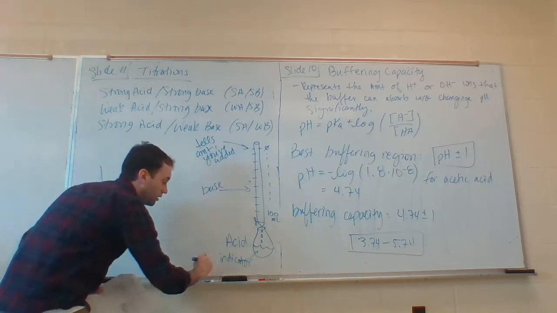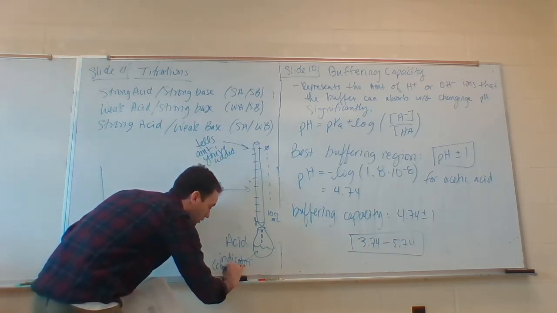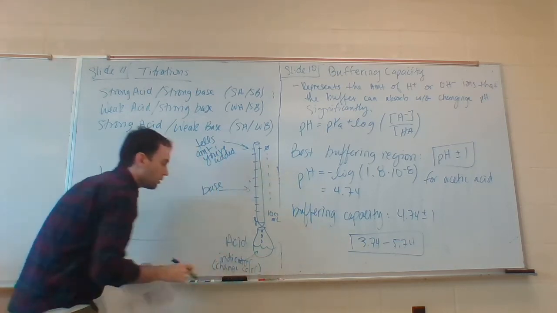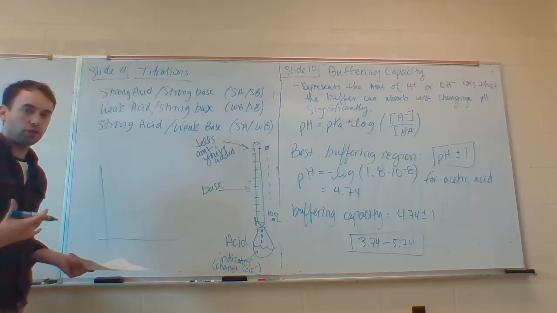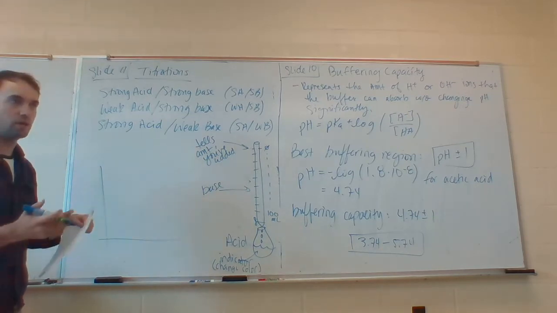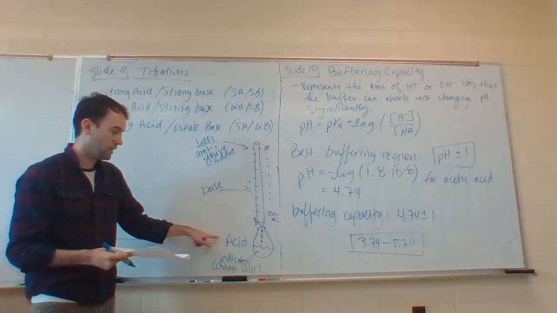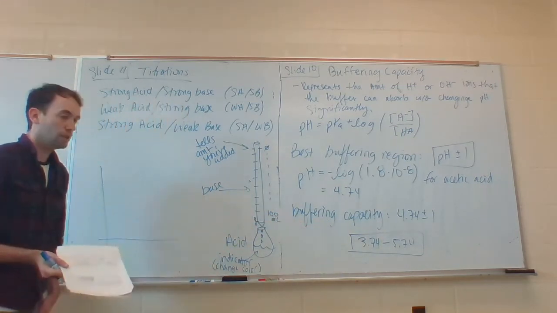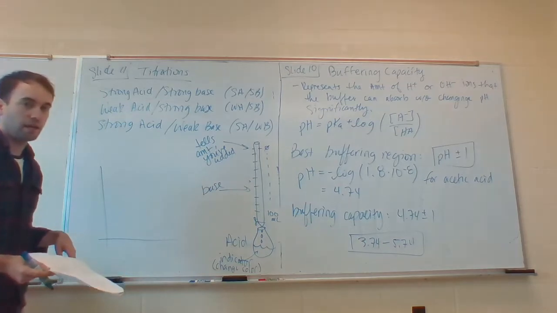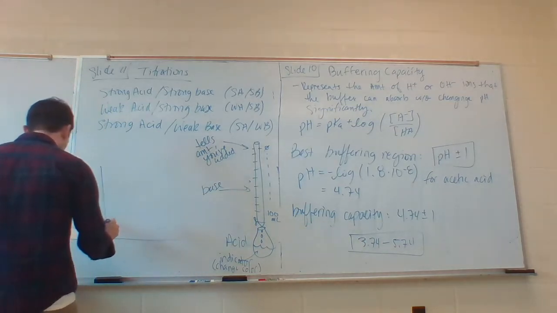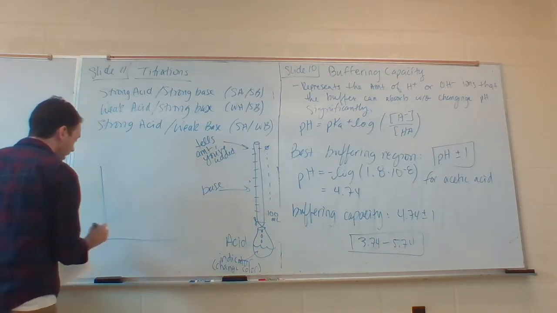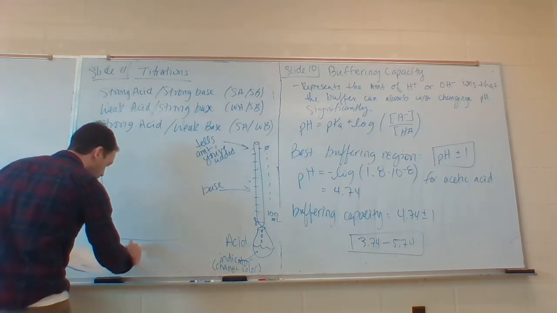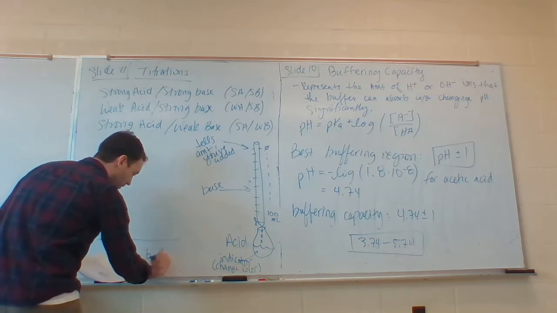And that indicator is going to change color when the pH changes from basic to acidic, or from acidic to basic in this case, right? It starts out acidic, so there should be a color change as we go to basic if we've added our indicator. All right? Now, since we're starting out acidic, let's plot our pH versus the volume of base added.